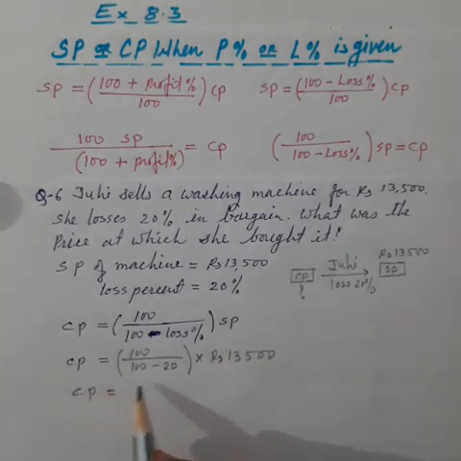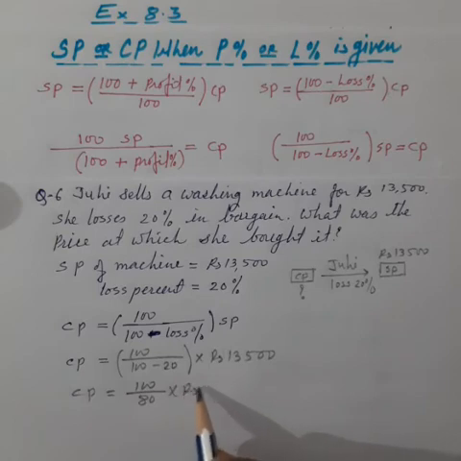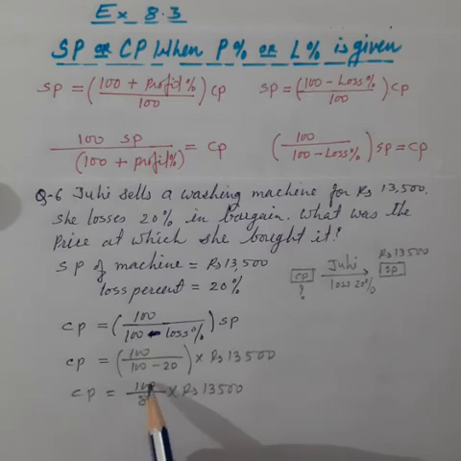Cost price is equal to 100 by 100 minus 20, which is 80, into rupees 13,500. Now divide this 100 numerator and 80 denominator by 10. 10 8s are 80 and 10 10s are 100.